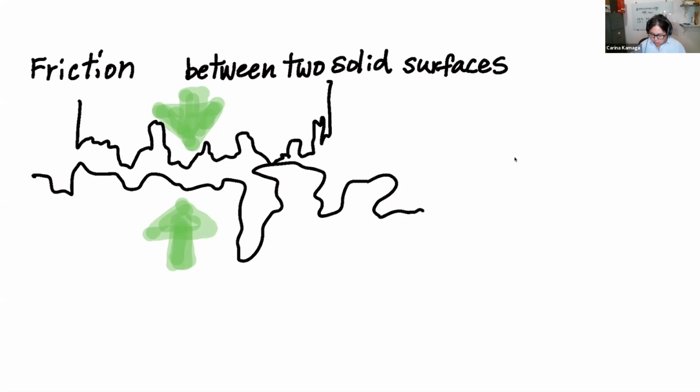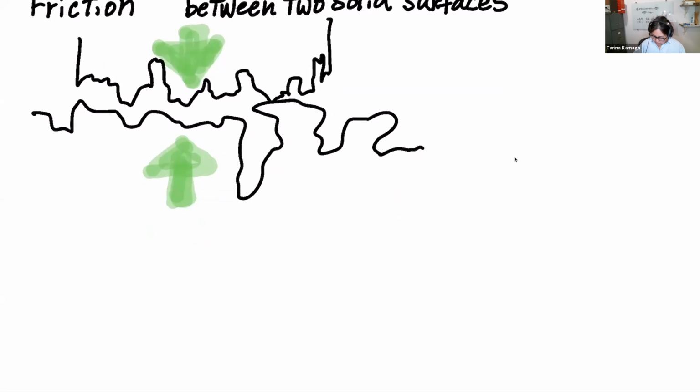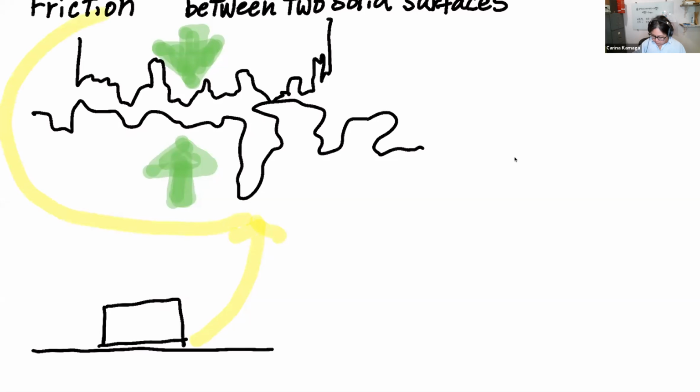And remember how the friction force is applied? Let's say this is an object on the surface, and this is a close-up view.